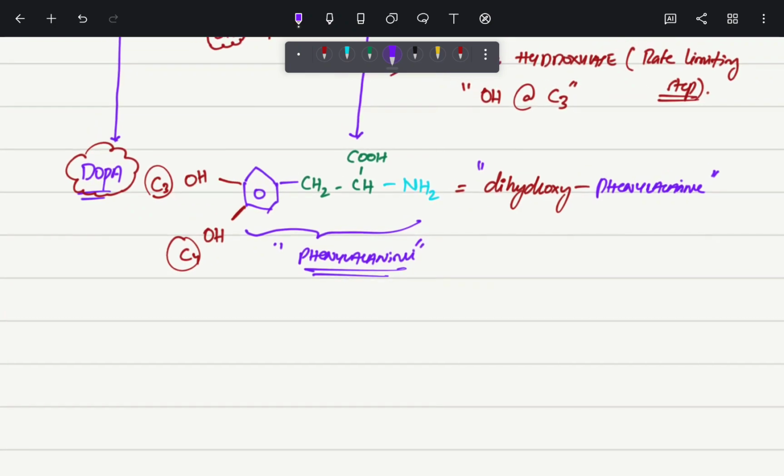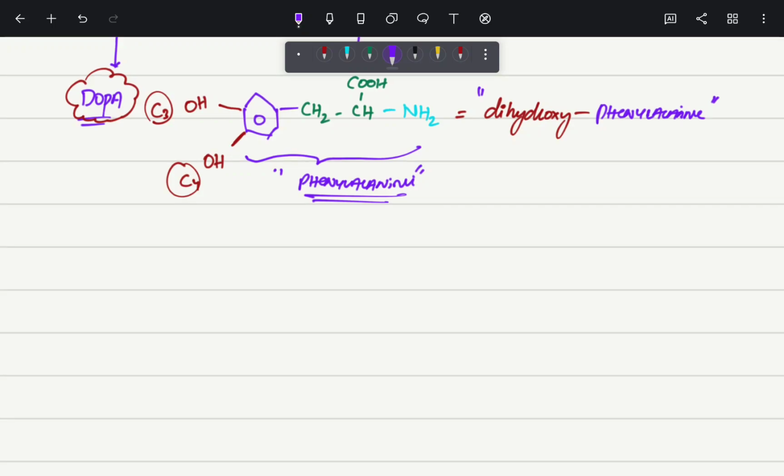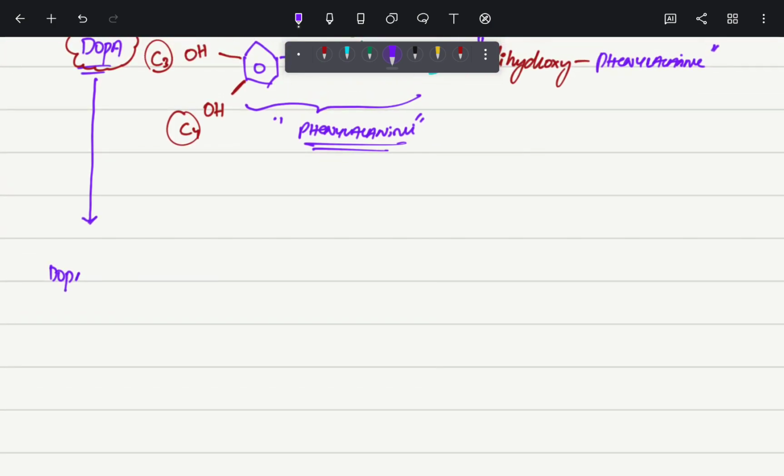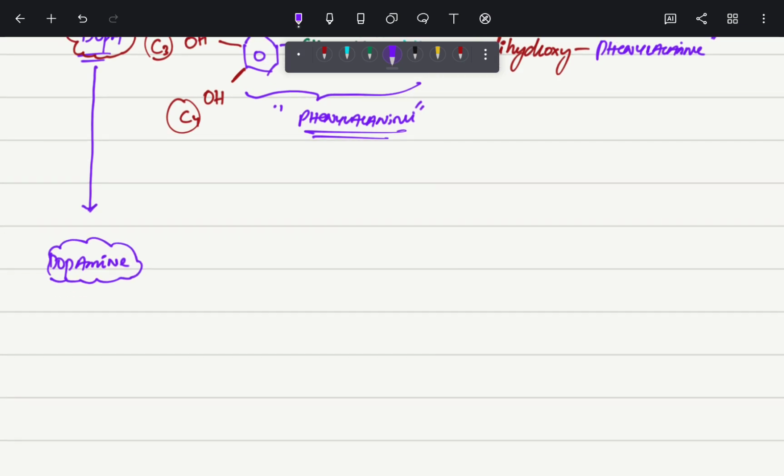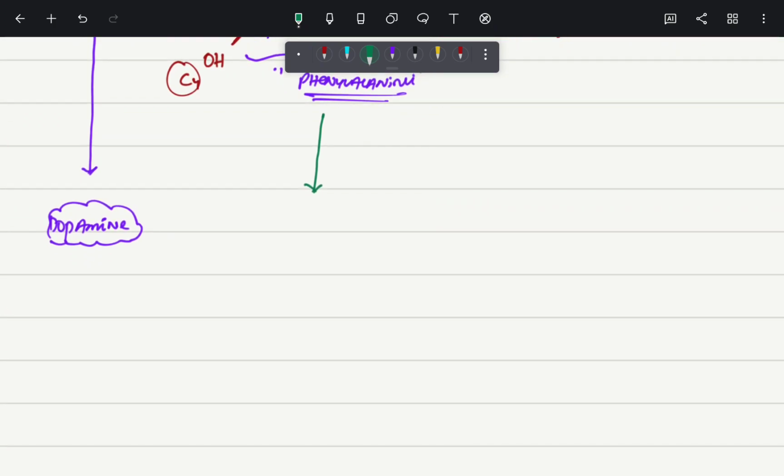Okay, so eventually this dopa will get converted into a substance called dopamine. Now what is the structure of this dopamine compound?